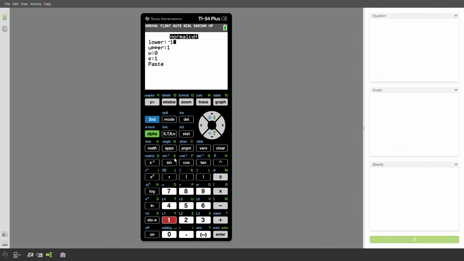Not this one, not that. The double capital E here. I know, it's weird. I wish they did it differently, but that's how they do it. And then 99. As for the upper limit then, that's how far to the right are we going to go, and that's 0.25.